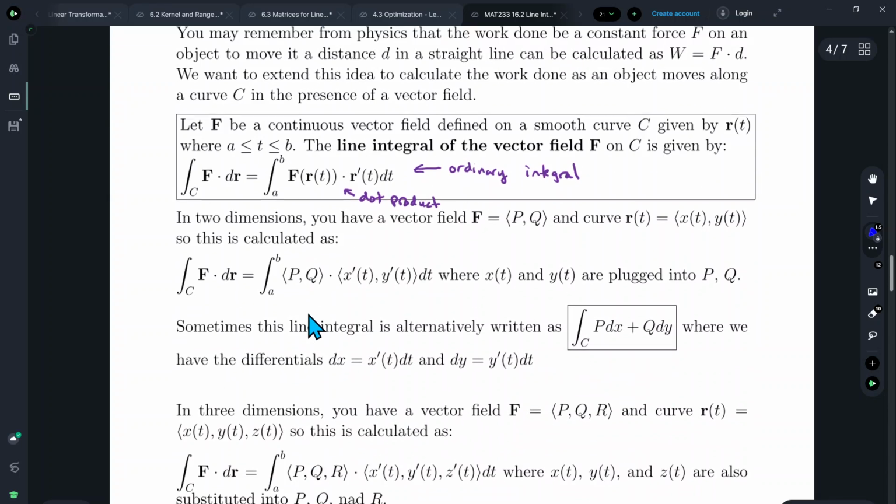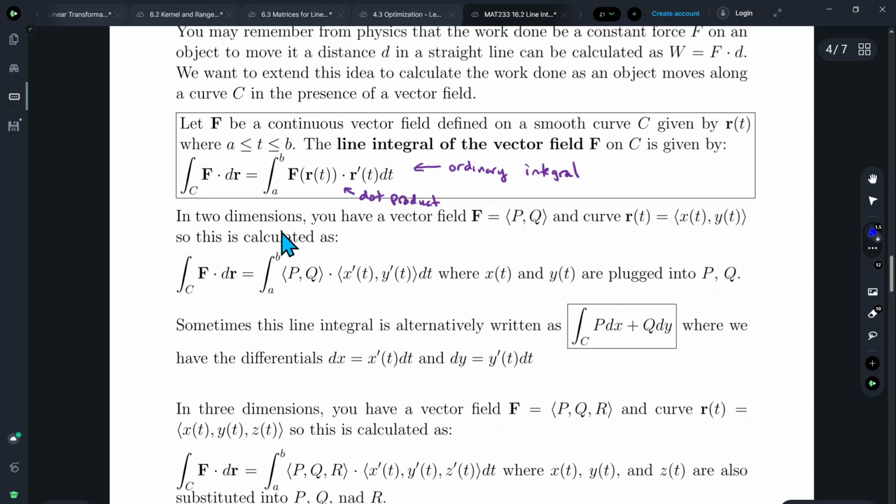To be more specific, say you have a two-dimensional vector field. Your vector field will have two components, say P and Q, and your curve C again has two components, the x component and the y component.